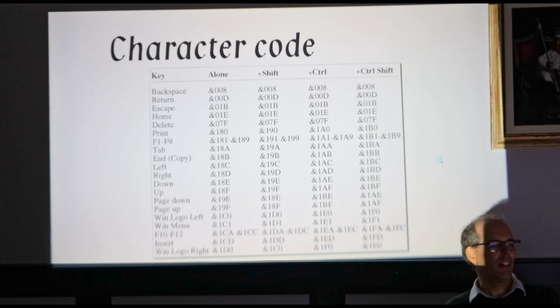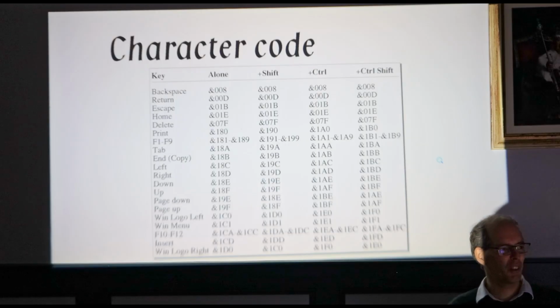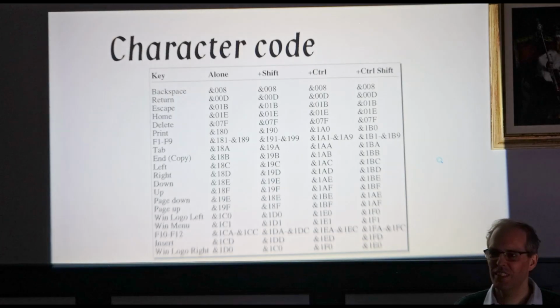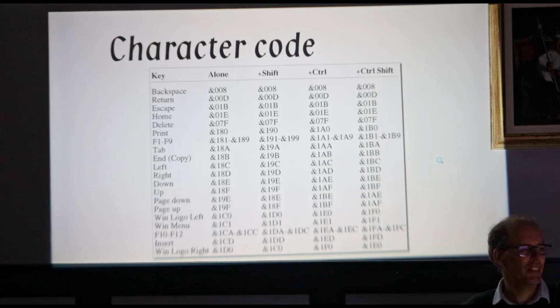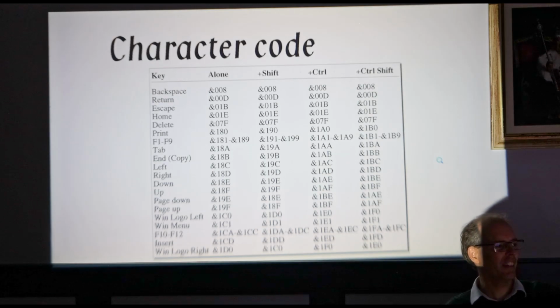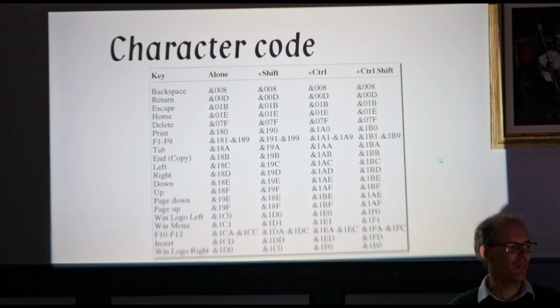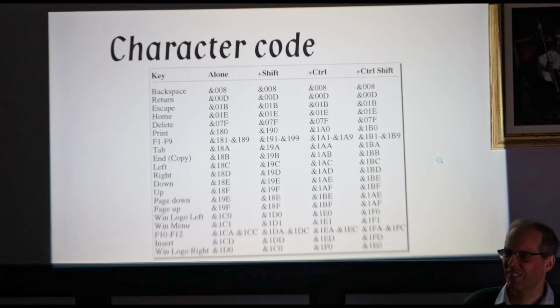Apart from the fact that Acorn decided to put in the range from 256 up to 511 special key codes for print, F1 to F9, tab, end, left, right, up, down, page up, page down, this, that, and the other.